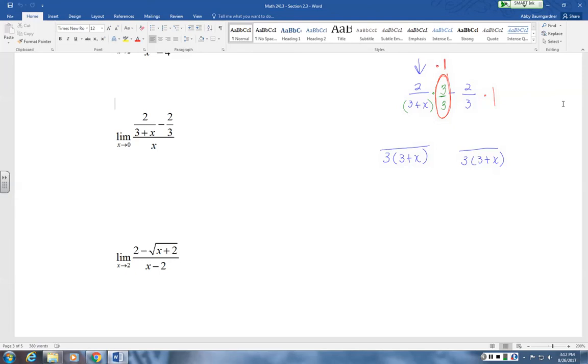Okay, so now I would just multiply straight across. So I get 2 times 3 gives me 6. And we could, I suppose, multiply this 3 to each piece and get 9 plus 3x, but that is never going to be helpful, so don't do it, okay? Don't multiply out your denominators when you do these problems. All right, same deal over here.